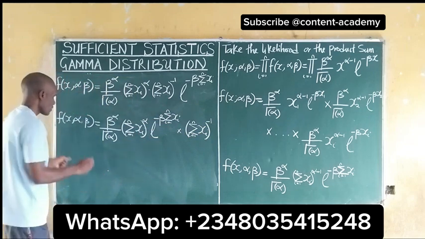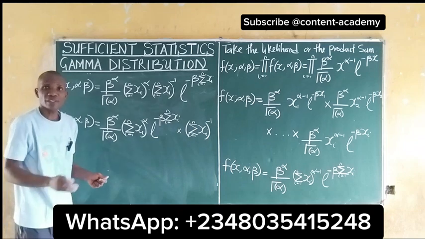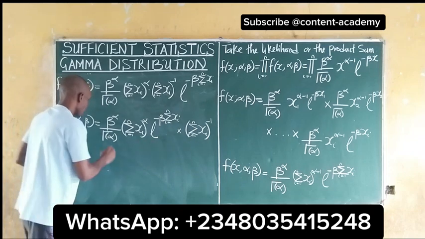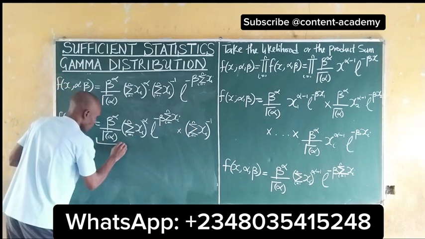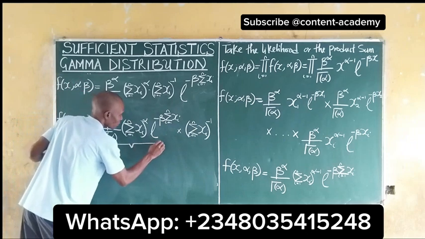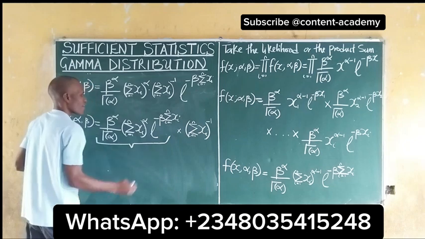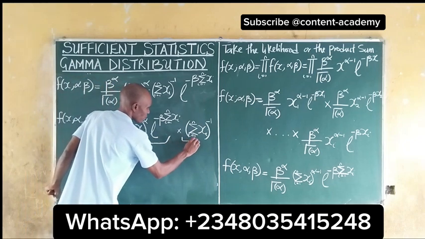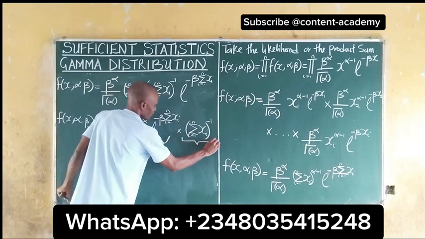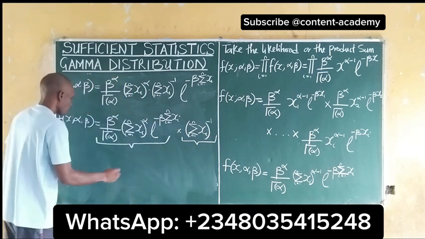As we can see, we have two components here. Of course, this is one of the components, as it depends on alpha and beta, and this other component does not depend on alpha and beta.